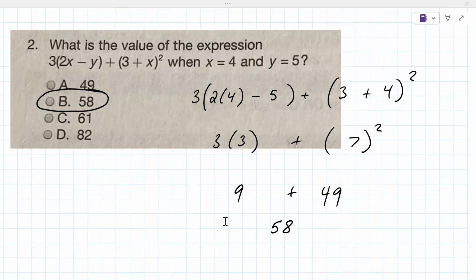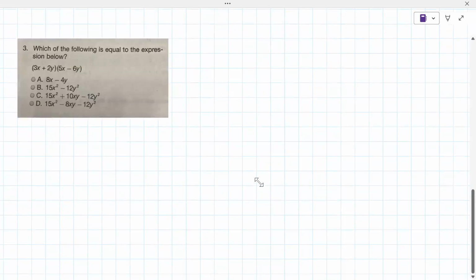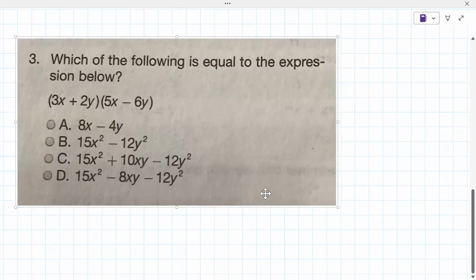Okay. Right. Well, let's take a look here at number 3. Is it A?